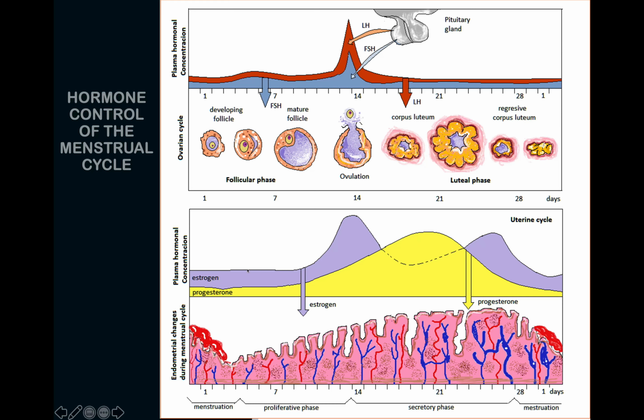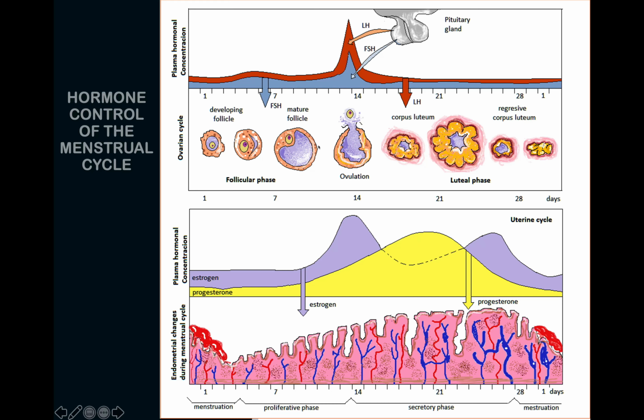Now, this rising level of estrogen, this increasing level of estrogen, is going to do something. What will it do? It's going to inhibit the pituitary gland now. It's going to prevent the pituitary gland from releasing more FSH, right?